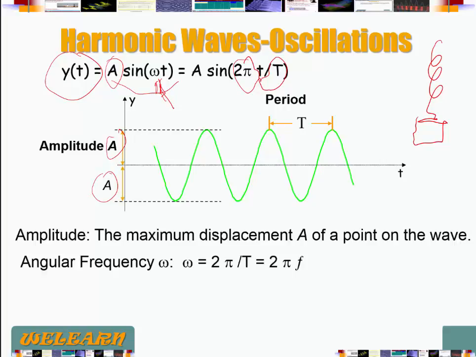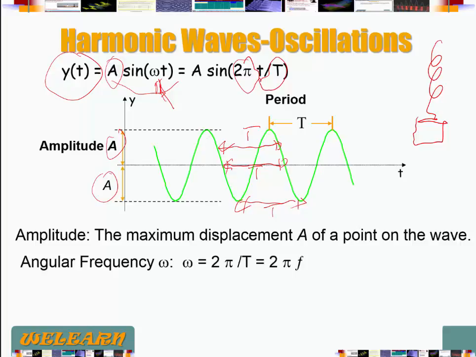The period is the distance from crest to crest or trough to trough. It is the length of a full wave. That's the period as well. All of these are the periods. It can be from any point here to an equivalent point on the wave. That's a period. Note here, the x-axis of the graph is time.